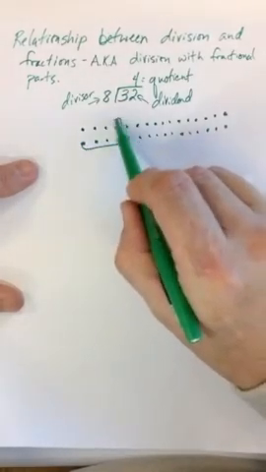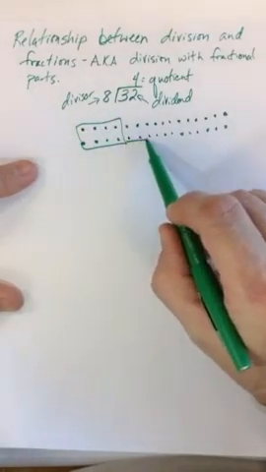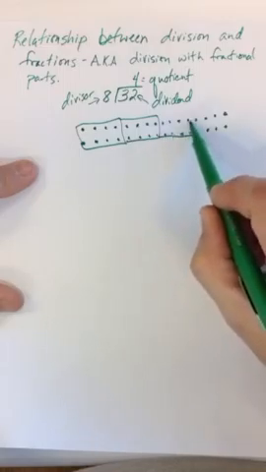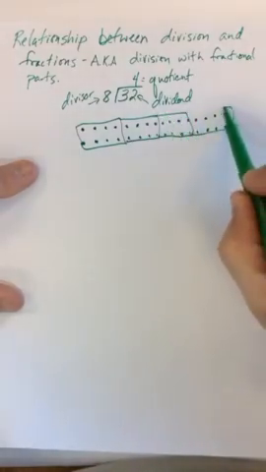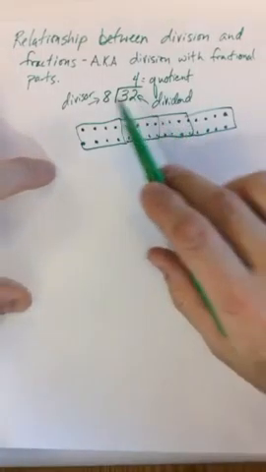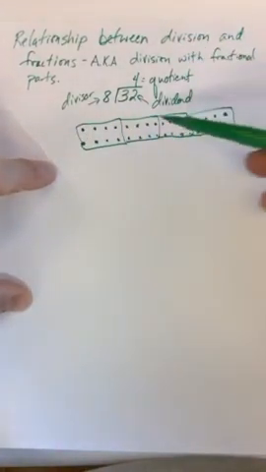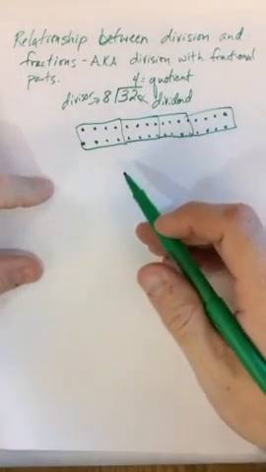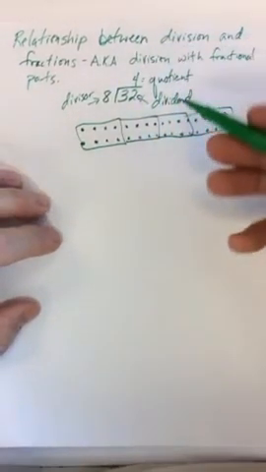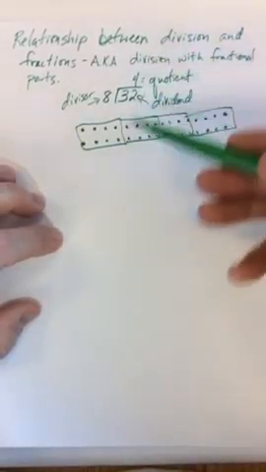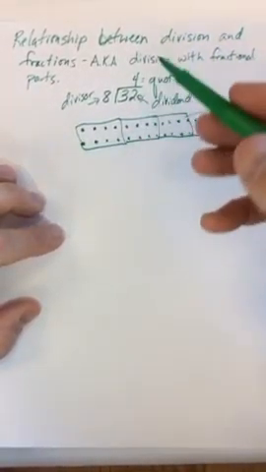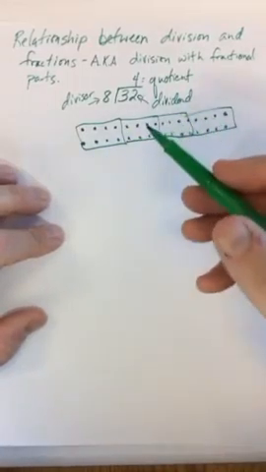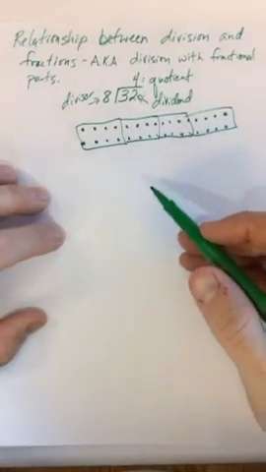So here would be a group of 8, here would be a group of 8, a group of 8, and a group of 8. So in this case 32 divided by 8 is 4. Now the relationship, and most students by the time they get to 5th grade understand that relationship. The hard part about transitioning into fractions is thinking about what those fractional parts really represent.